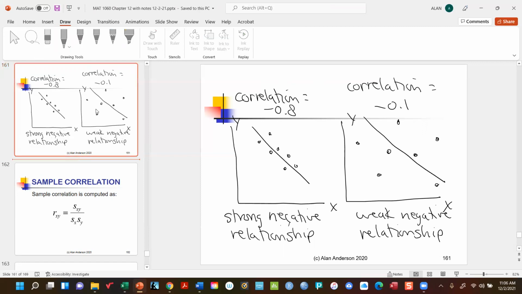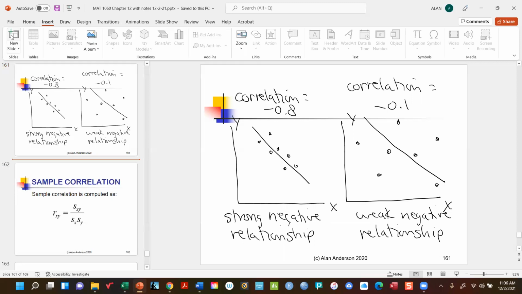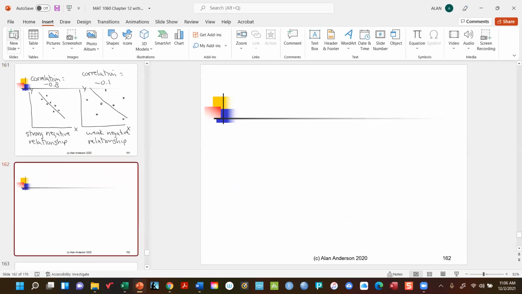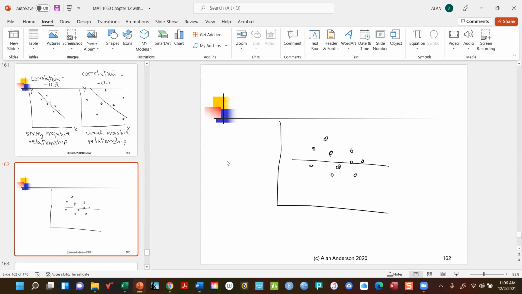All right, and then what about the case where the relationship essentially does not exist? In other words, two independent variables, you'll end up with a scattering of points, a flat trend line, and here the correlation is just 0.